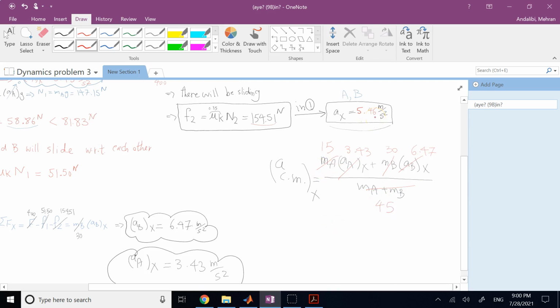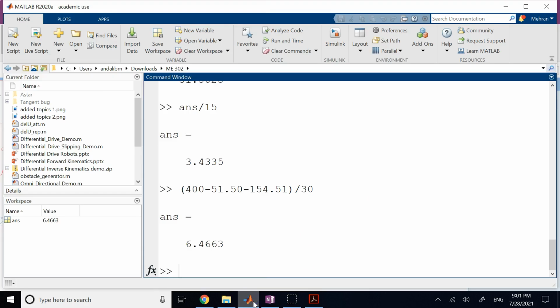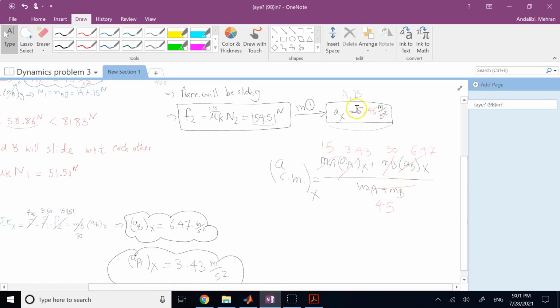Will I get that number? Well, we can check it. So 15 times 3.43 plus 30 times 6.47 divided by 45. Look at the number, 5.46, which is what you had over here.